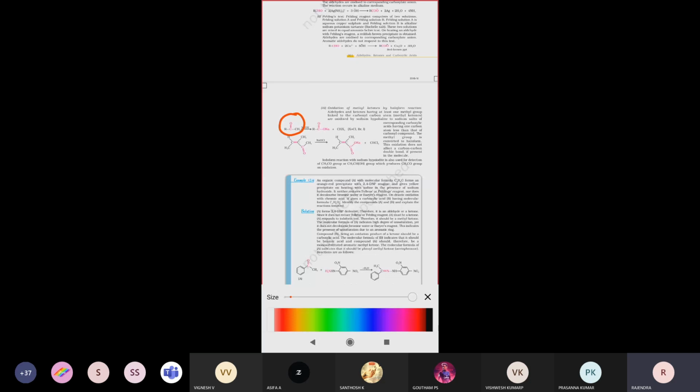If you are oxidizing ketones like this, it takes place with sodium hypohalite, which is nothing but NaOX. We call it sodium hypohalite. Instead of X, we can take a chlorine atom like that.